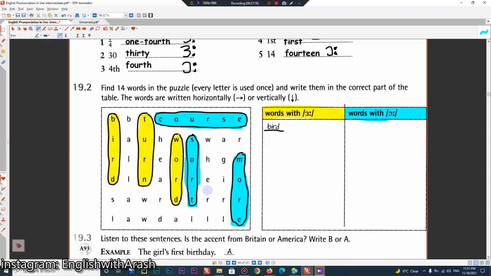Girl yellow. Where is girl? Yes. Girl, yellow. Yeah, it's the E sound.